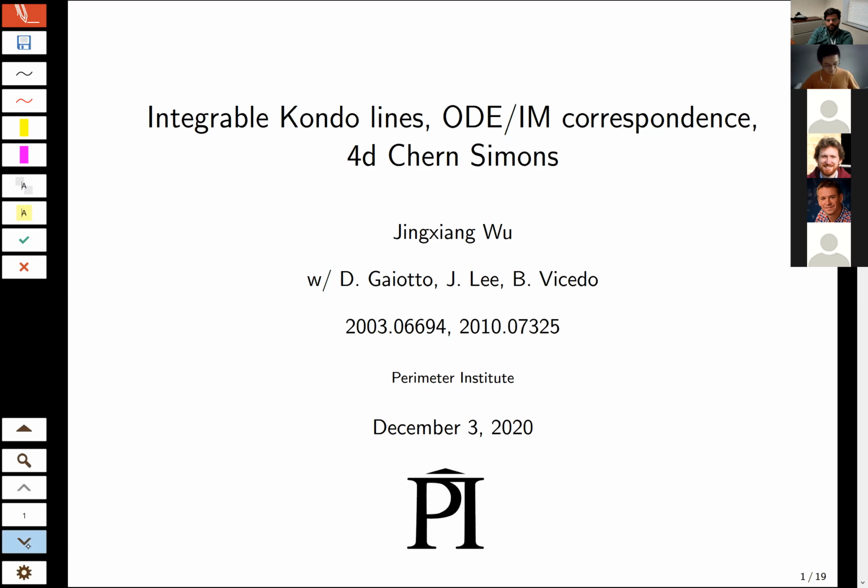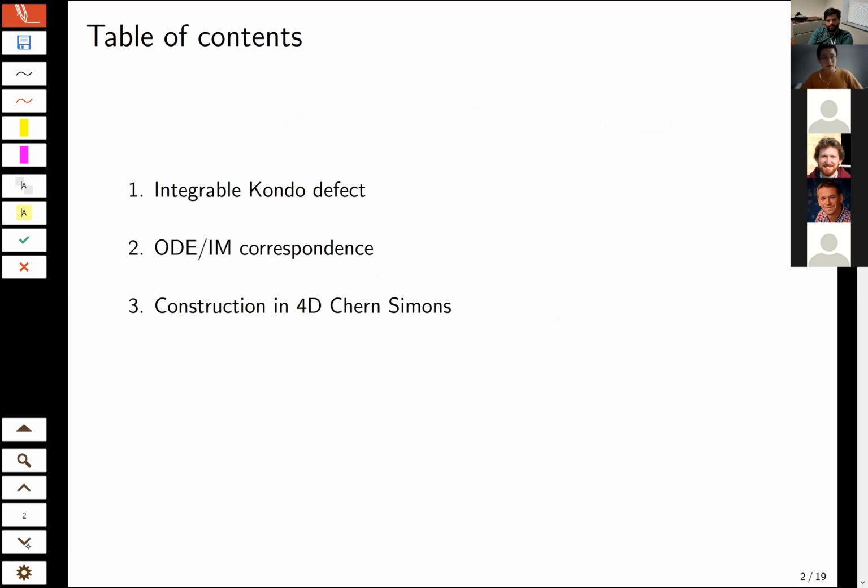So the goal of this talk is to tell you the relations between the following 3 stories. The Kondo defect is a particular type of defect in 2-dimensional conformal field theories. And ODE/IM correspondence is about the study of Stokes data of ordinary differential equations.